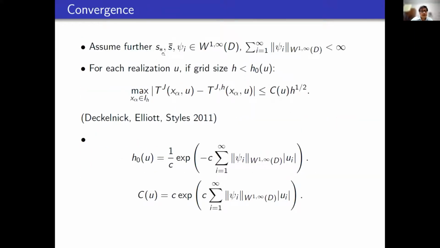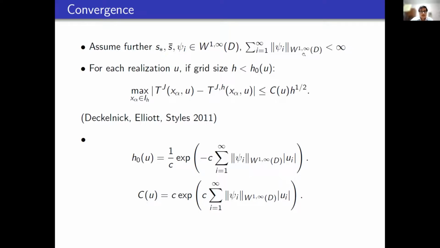Right, so S star, S bar, and C_e, all of them are in W^{1,∞}(D). And you assume further that the summation of the W^{1,∞} norms of the C_i here is finite, then you can be sure that almost surely the slowness will be in W^{1,∞}.